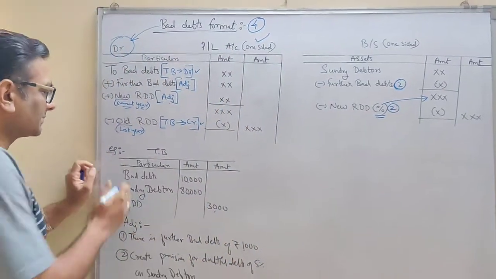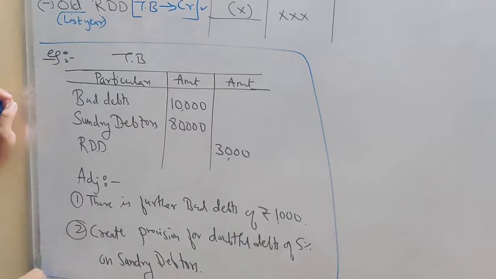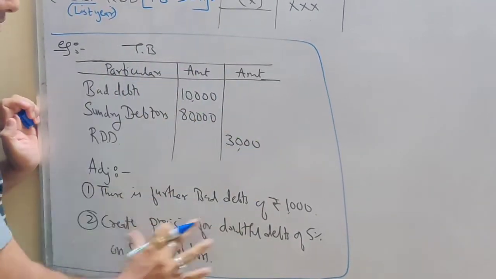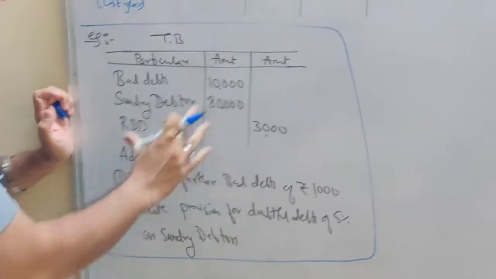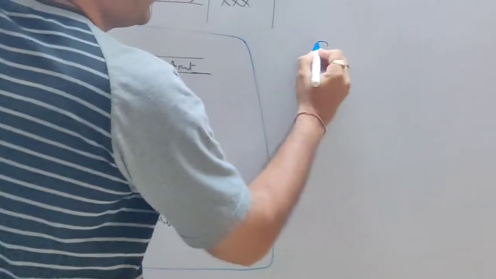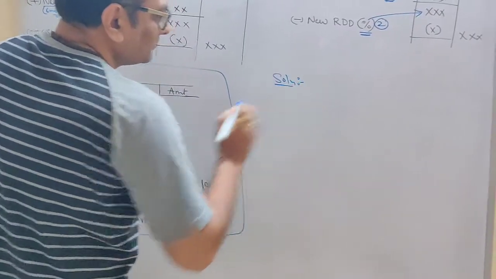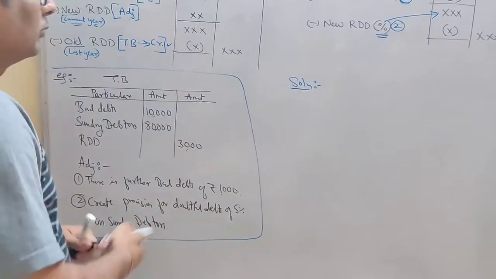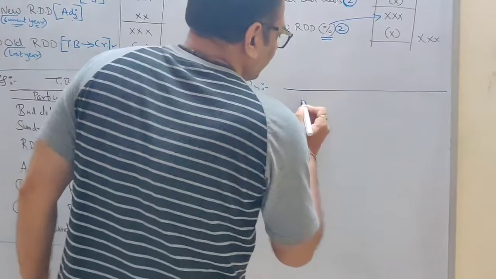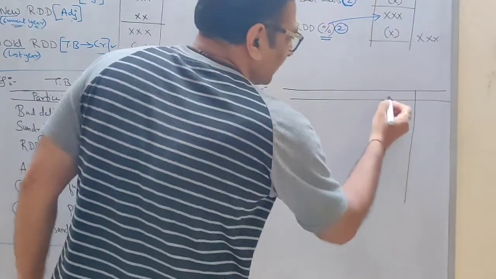So let's do one sum. This is the question which I have framed, and this question is specially based on the bad debts format. So how to solve this question, students? You will make in your answer a profit and loss account. I don't want to make both sides because we are focusing only on the bad debts format.